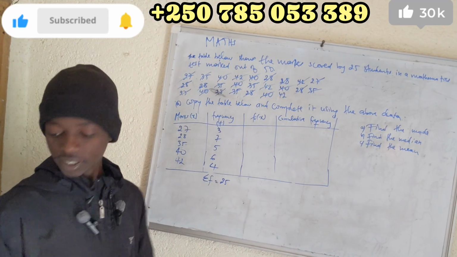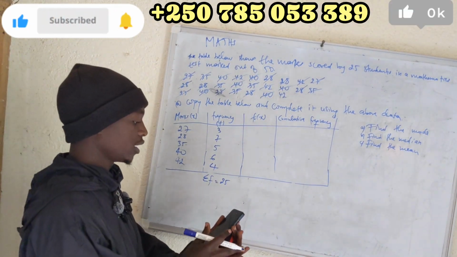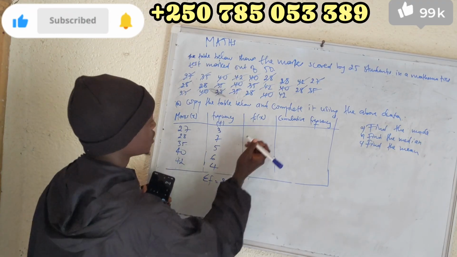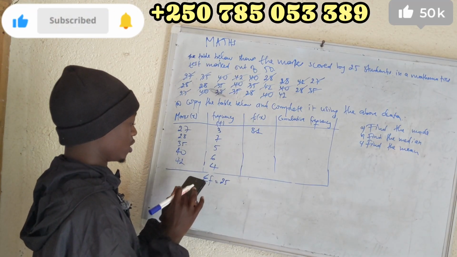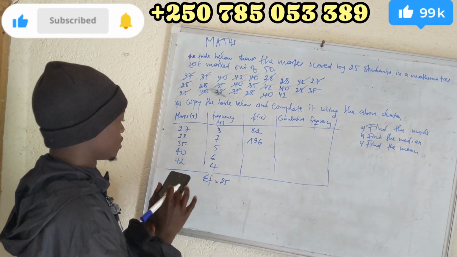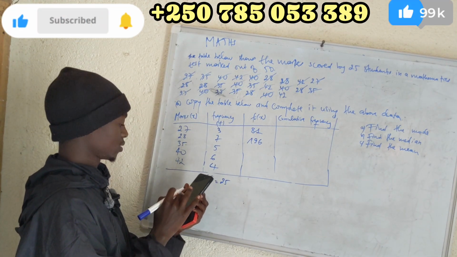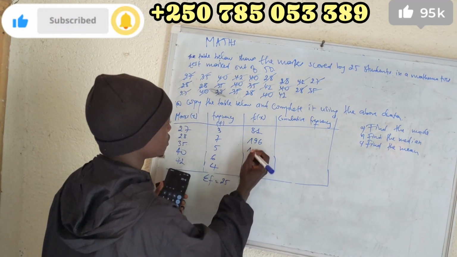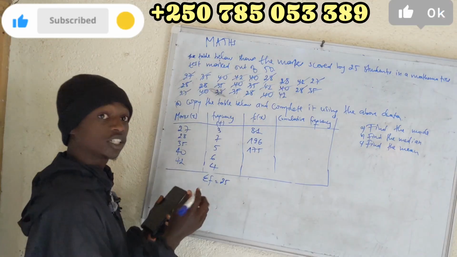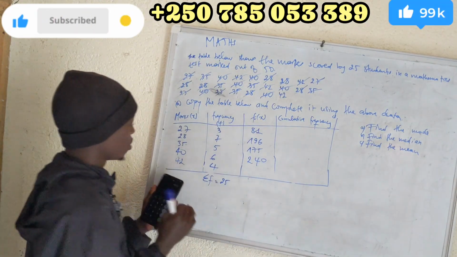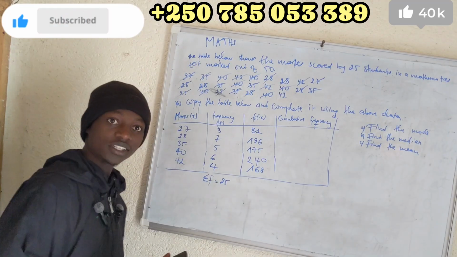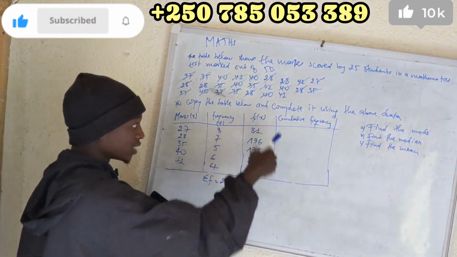Sorry guys. 27 times 3, we get 81. 28 times 7, we get 196. 35 multiplied by 5, we get 175. 40 times 6, we get 240. 42 times 4, we get 168.